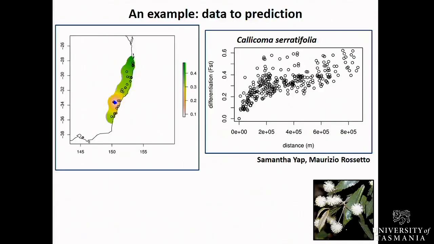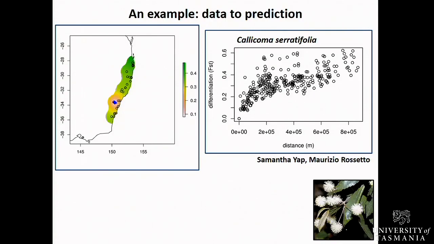So just to work through this example for Calicoma serratifolia a little bit further. In this case, we estimated a GDM and got a reasonably good statistical fit just using spatial distance as the single predictor variable. So then we say, for instance, we take the blue diamond there as the location where we choose to do restoration.